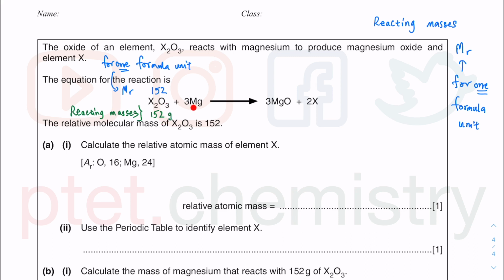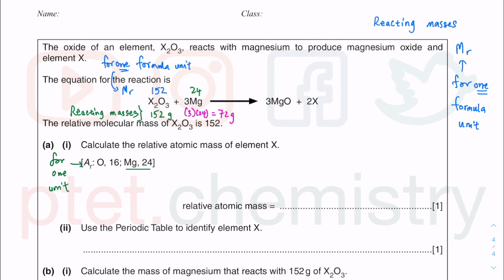There are 3 Mg here, and the relative atomic mass for 1 Mg is 24. So when you have 3 Mg, you will have 3 times 24, which gives me on my calculator 72 gram.